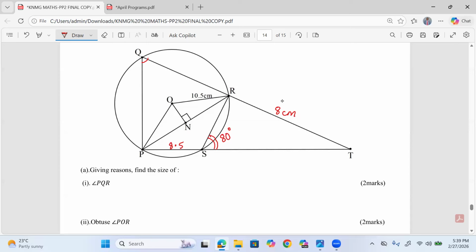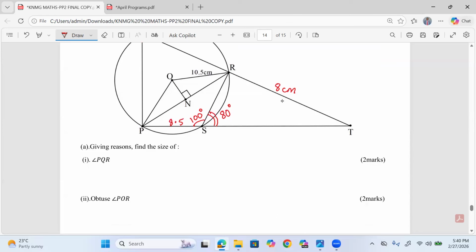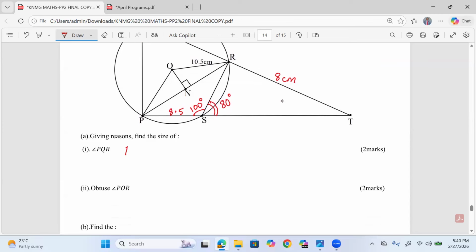Using the straight line PST, this inner angle here should be 100, because along a straight line we expect 180. Then, this being a cyclic quadrilateral, opposite angles are supplementary. Therefore, we take 180 minus 100. That angle becomes exactly 80. Opposite angles in a cyclic quadrilateral, that is the property we have applied.